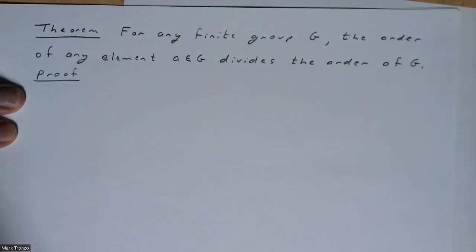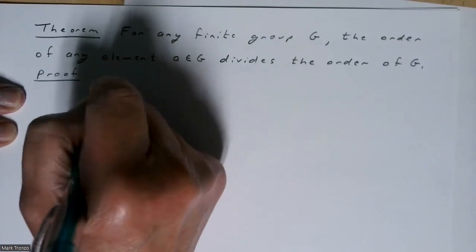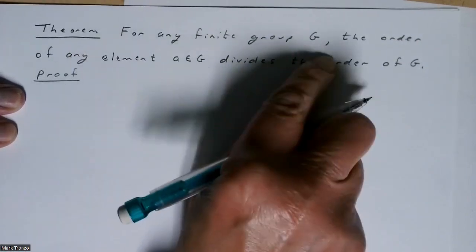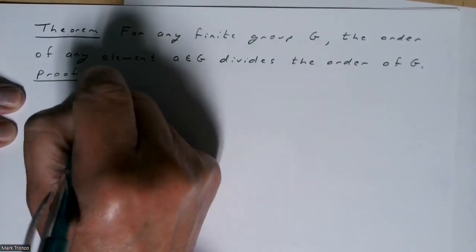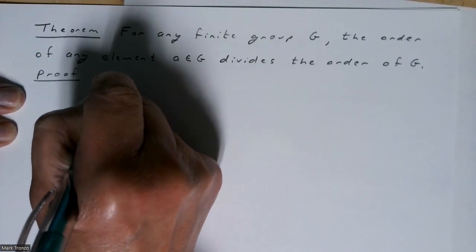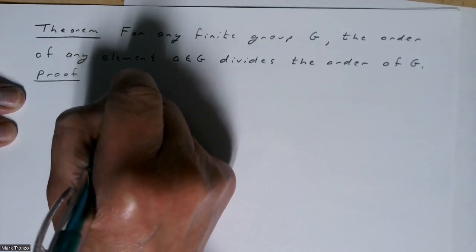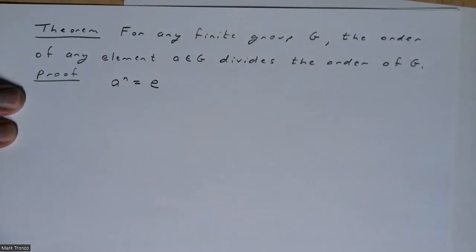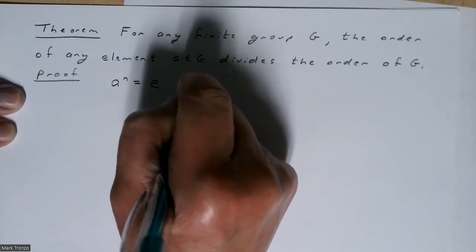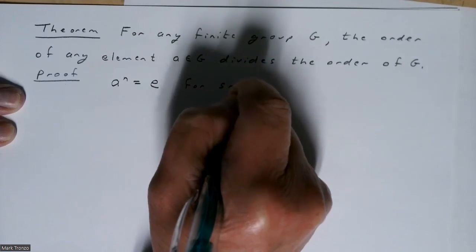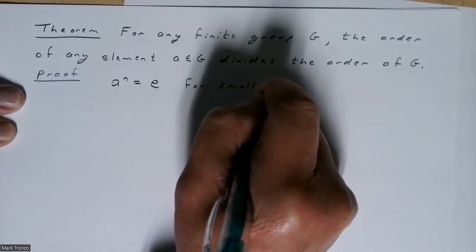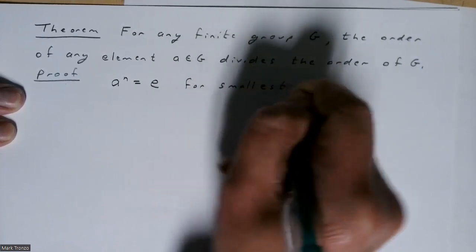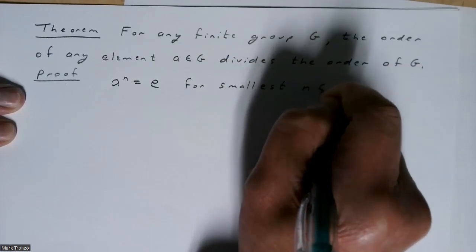And so remember that the order of A, remember that A^n equals E for the smallest n in the natural numbers.